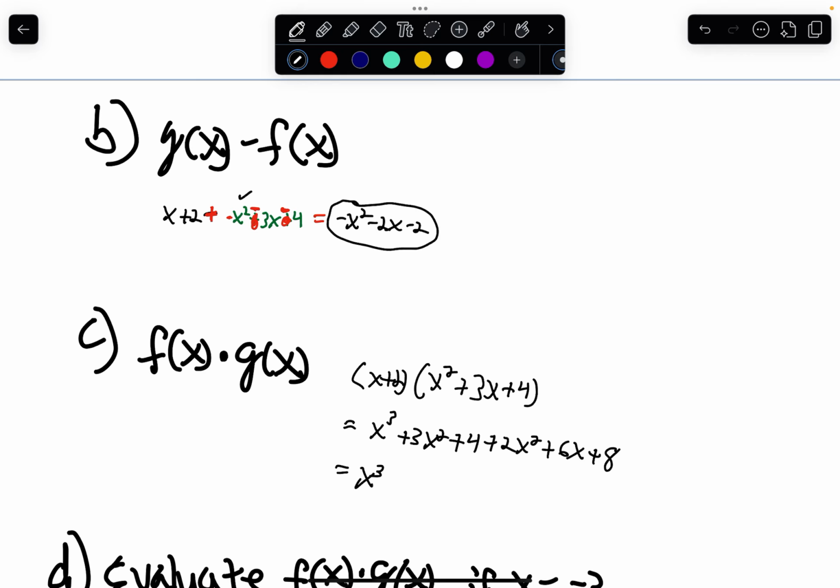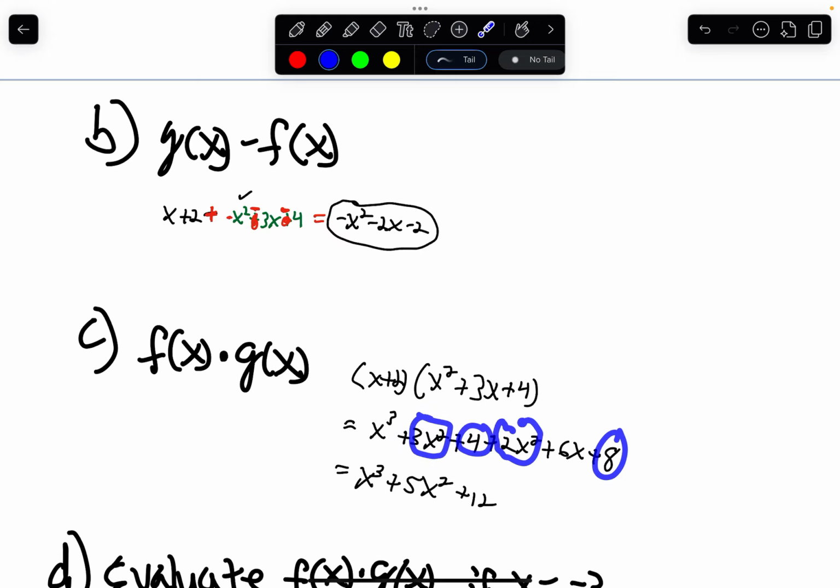Combining like terms, you get x cubed, 3x squared plus 2x squared is 5x squared. And then we have 4 plus 8 is 12. And notice, I left off the linear term.